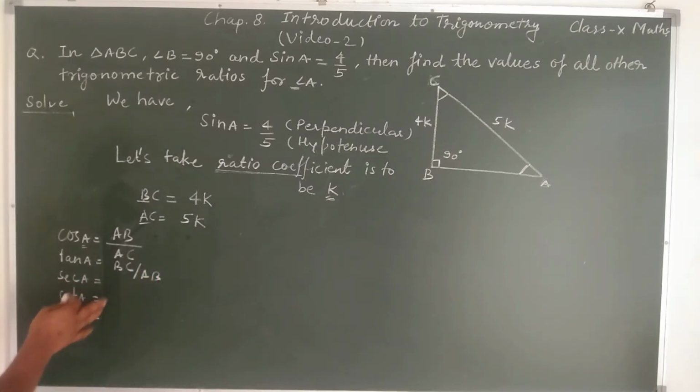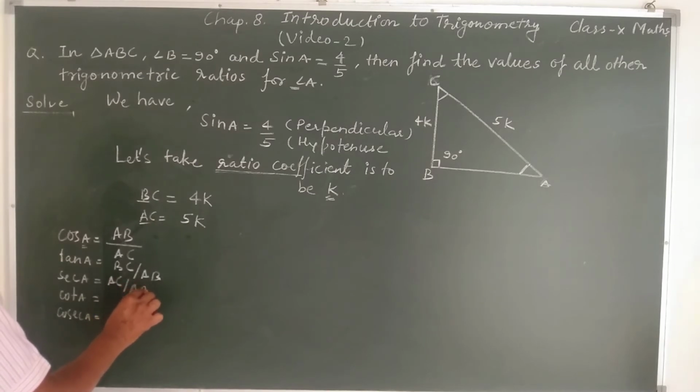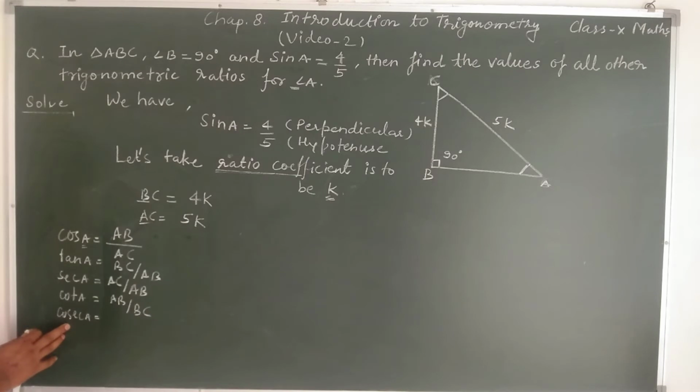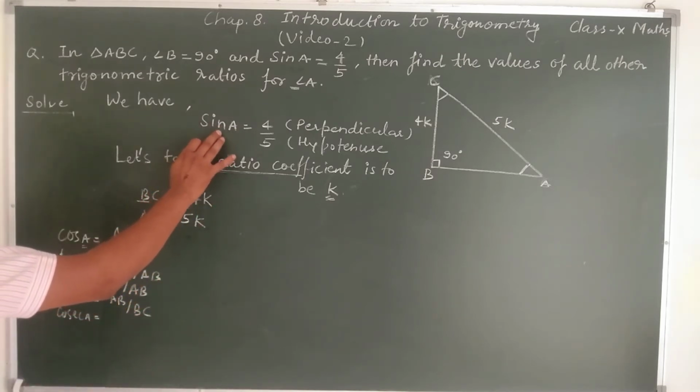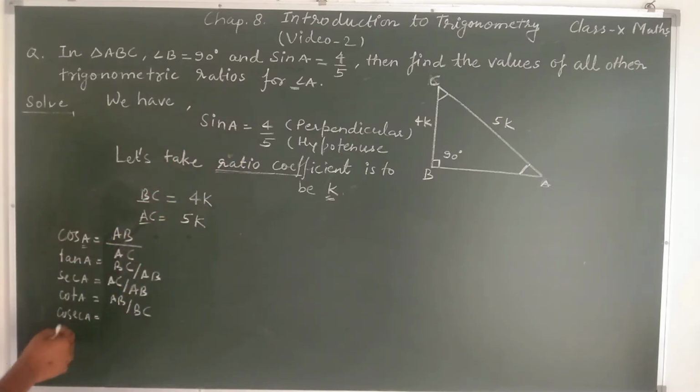Sec A is AC upon AB. Cot A is the reciprocal of tan A, so AB upon BC. Cosec A is the reciprocal of sin A, so 5/4.